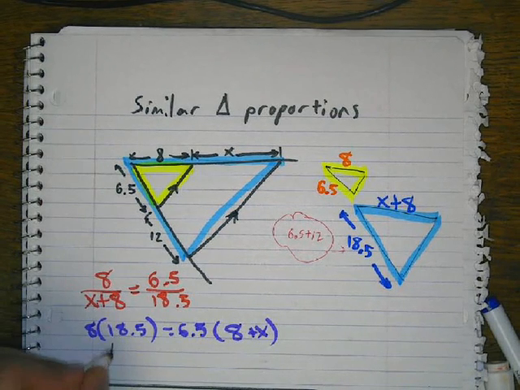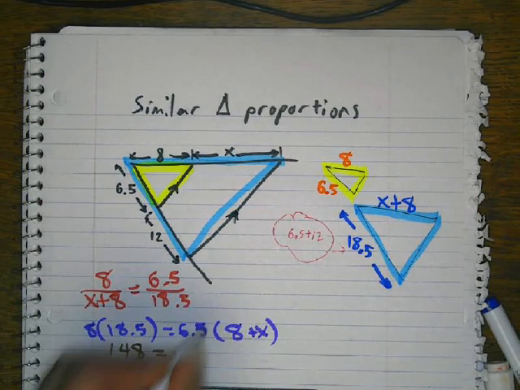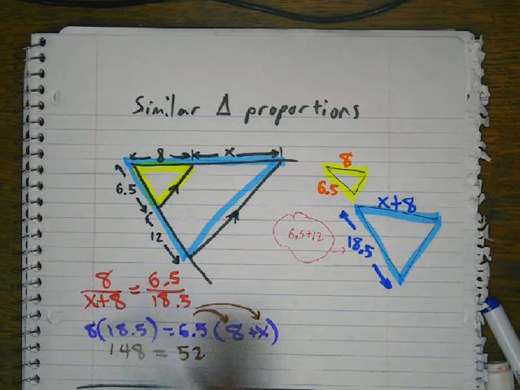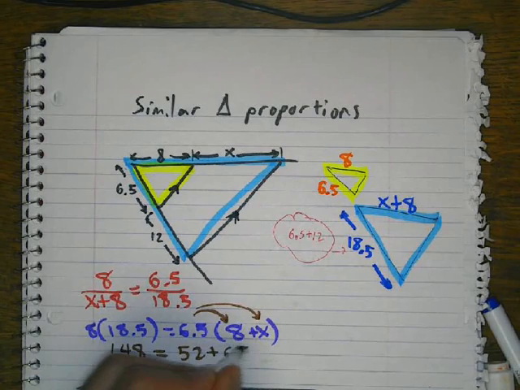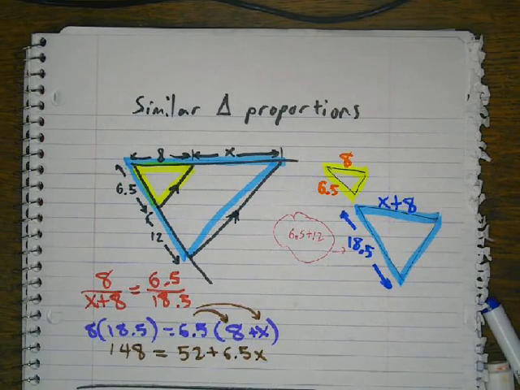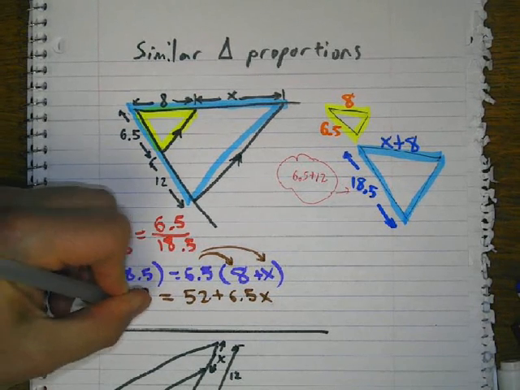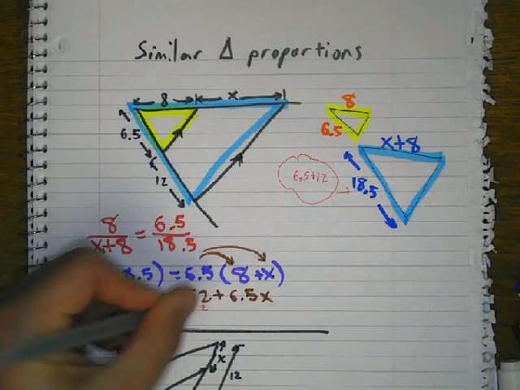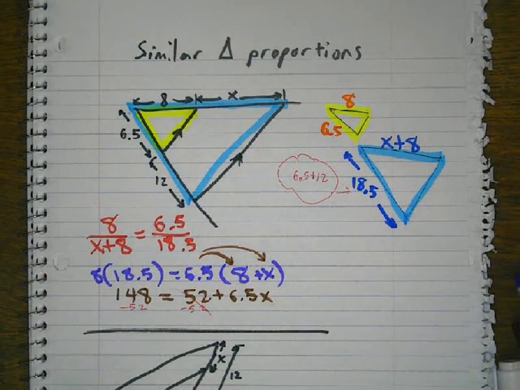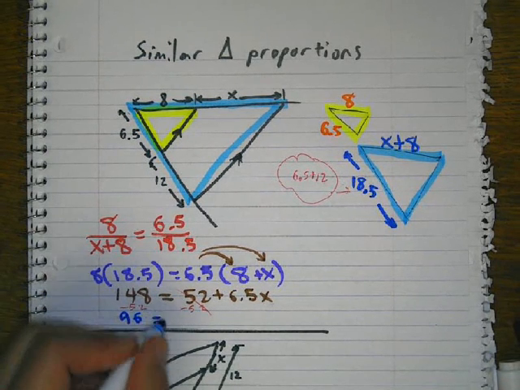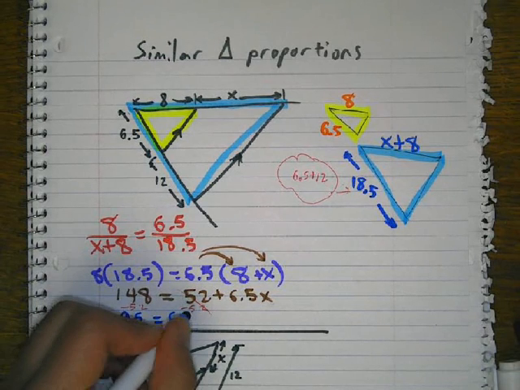Okay, and now I can do distributive property, and then I can multiply 8 times 18.5, I get 148, and multiply 6.5 to each of these. 6.5 times 8 equals 52, and then I have plus 6.5x. Okay, now I can subtract 52 on both sides of the equal sign to make that go away, and then I've got 96 equals 6.5x.